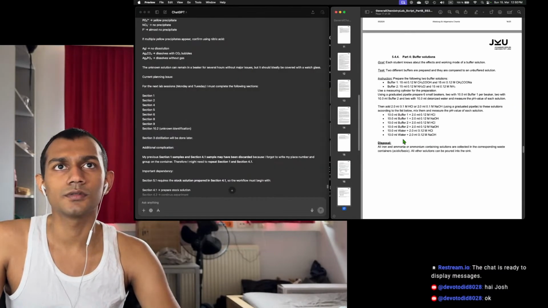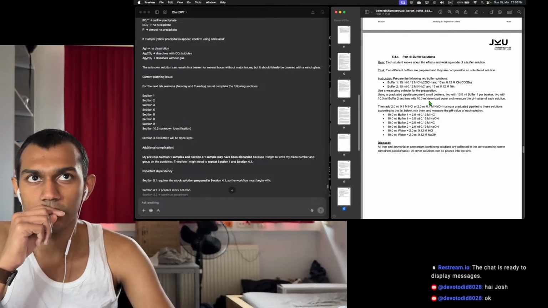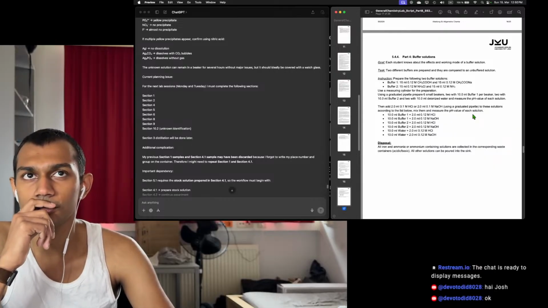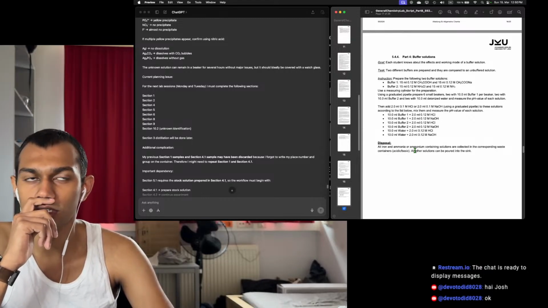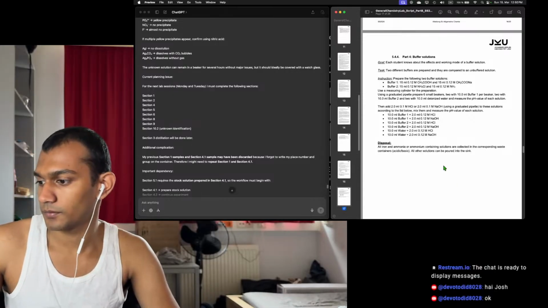Using a graduated pipette, prepare 6 small beakers, 2 with 10 milliliter buffer, 2 with 10 milliliter buffer, 2 with 10 milliliter deionized water. Measure the pH value of each solution. Then add 2 milliliters of 0.1 HCl or 2 milliliters of 0.1 NaOH using a graduated pipette to these solutions according to the list below. All iron and ammonia containing solutions are collected in the corresponding waste container. All other solutions can be poured into a sink.